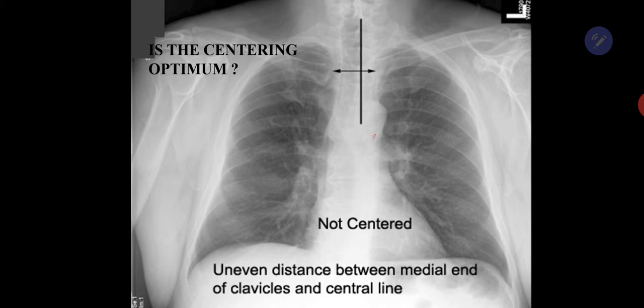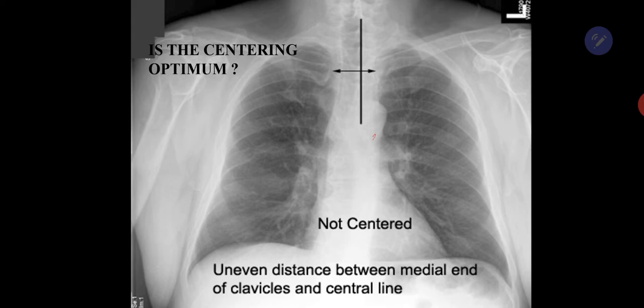Because this is very important, we may misdiagnose or wrongly diagnose some pathologies which may be appreciated falsely due to the rotation. So, whether the centering is optimum or not.